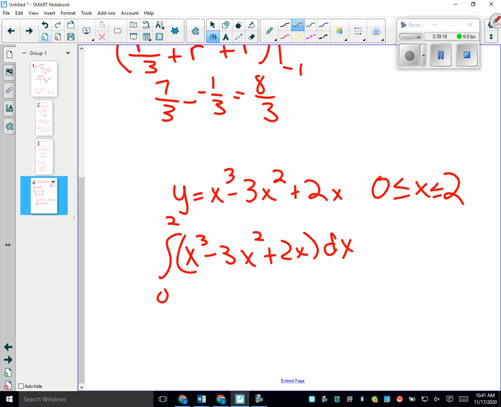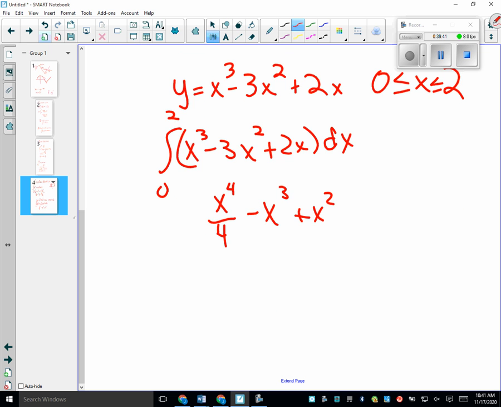The first one's going to be 0 no matter what, so the antiderivative of that would be 0 minus 0. So is this x to the 4th over 4 minus x cubed plus x squared from 0 to 2?